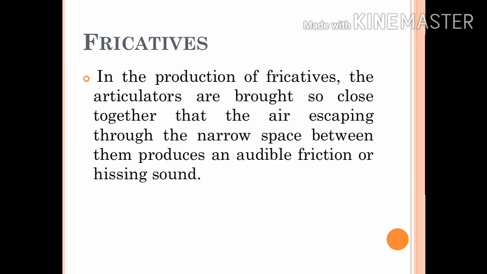Next we have fricatives. In the production of fricatives, the articulators are brought so close together that the air from the lungs escapes through the narrow space between them and produces an audible friction or a hissing sound.